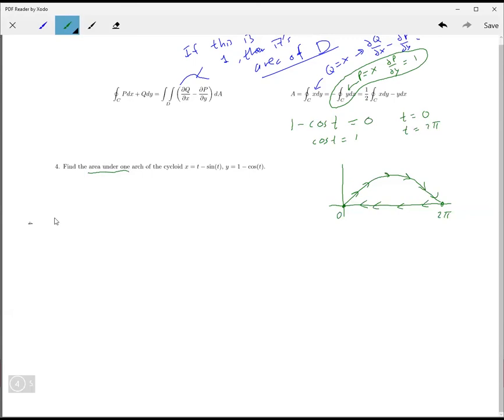So for the area, the area is going to be the negative of the line integral around the curve of y dx. But also this is negative orientation.